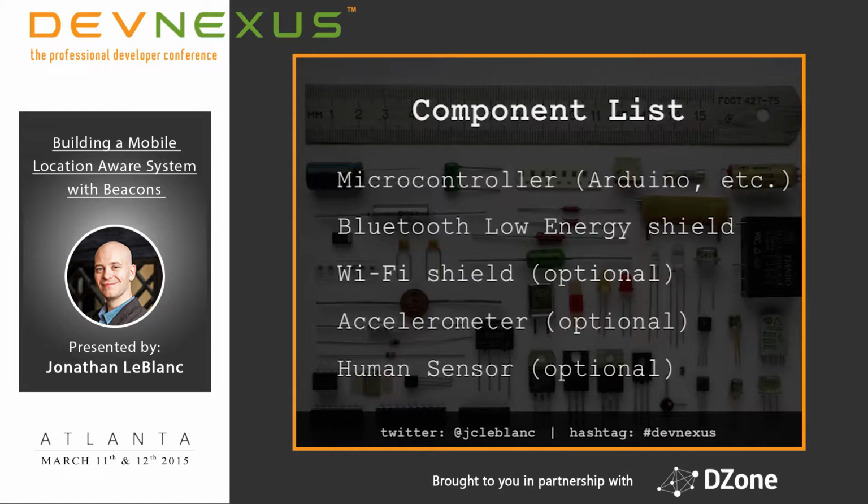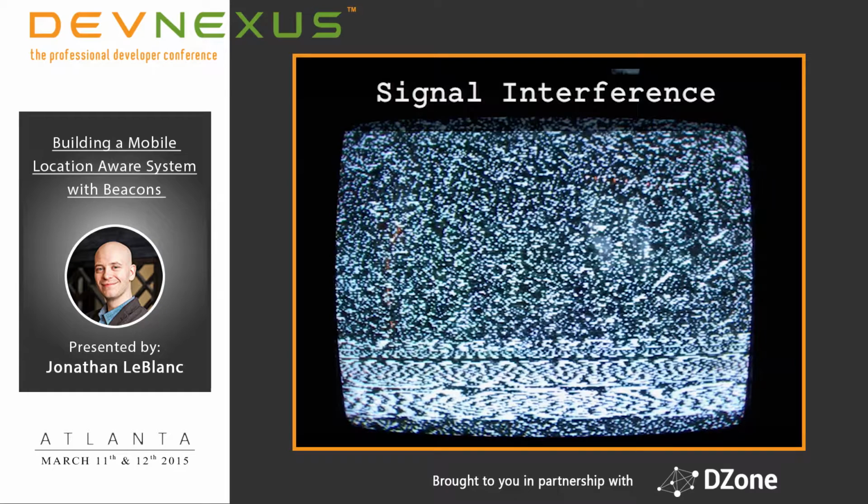Besides the hardware though, the biggest thing that you're going to have to think about is signal interference and signal degradation. Those are two massive aspects of beacon development that are critical when deploying. The big difference is signal interference will have alternate signals going on around it. It might be a whole bunch of beacons being deployed at the exact same time. When you actually deploy all these things at the same time, or when there's interference, it won't pick up all the signals.